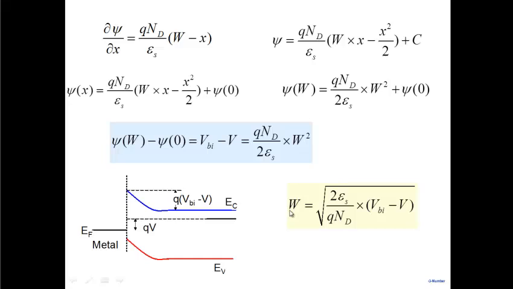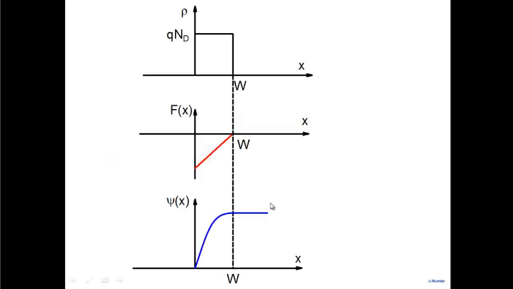Okay. So it's a very simple second order differential equation with the boundary condition that the electric field is 0 at the edge of the depletion region. The net voltage drop across the depletion width is the built-in voltage minus the applied voltage. Okay, so we get an estimate of the depletion width, and this is the complete diagram here. This is the charge inside my depletion region, q N_D W. We integrate, we get the field, which looks like this, and then the voltage.